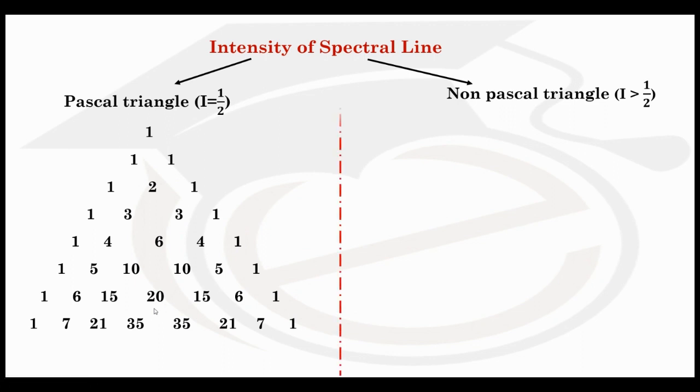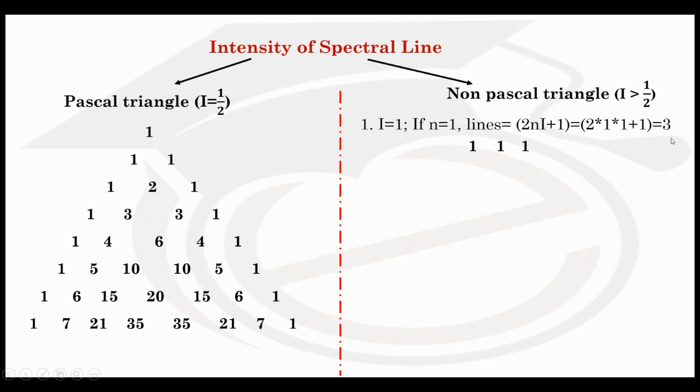Now let's see the non-Pascal triangle, which is used when the I value is greater than 1/2. First, when I value is 1 and n equal to 1, the number of lines, or the splitting, will be 2nI plus 1. This we have discussed in the last video. Then 2 into 1 into 1 plus 1 is equal to 3. When I equal to 1 and n equal to 1, the number of lines will be 3.